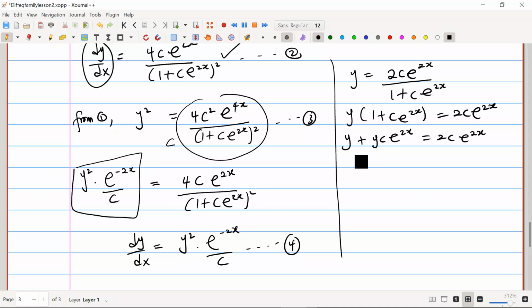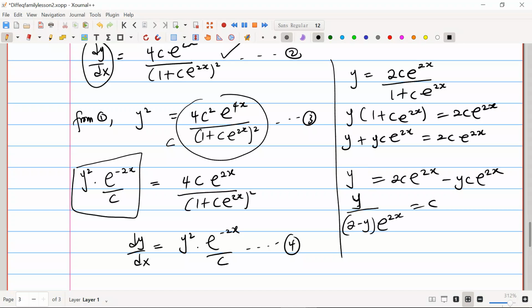We can say that y is equal to 2c e to the 2x minus yc e to the 2x. Okay, so what do we have? We have y over 2 minus y e to the 2x is equal to c. That is for c, right?